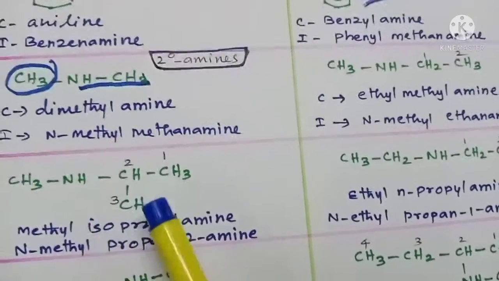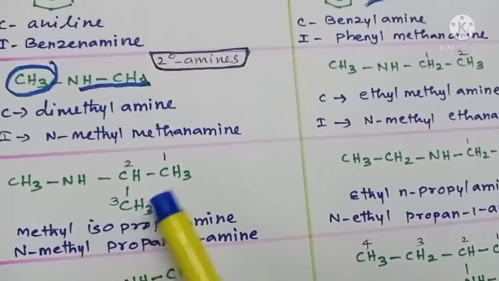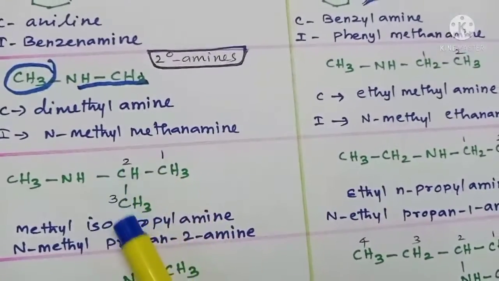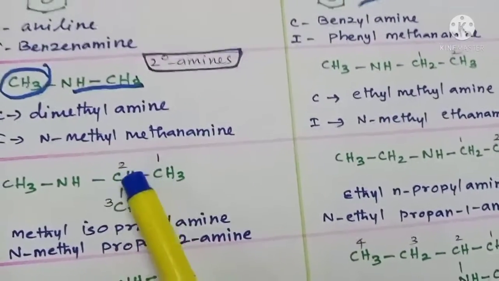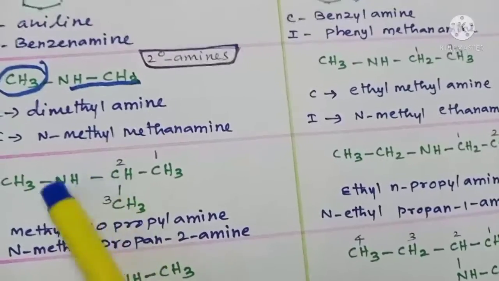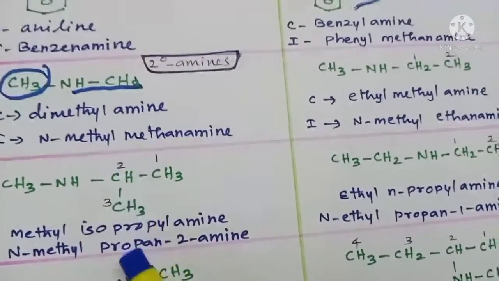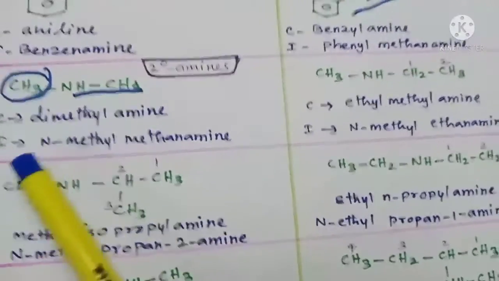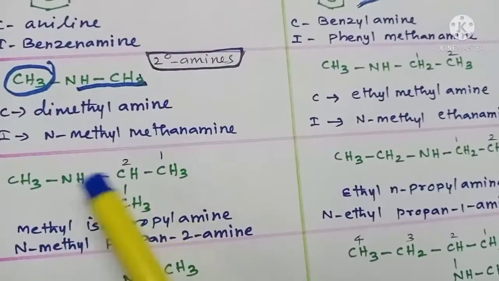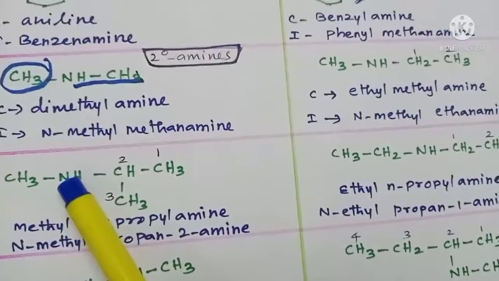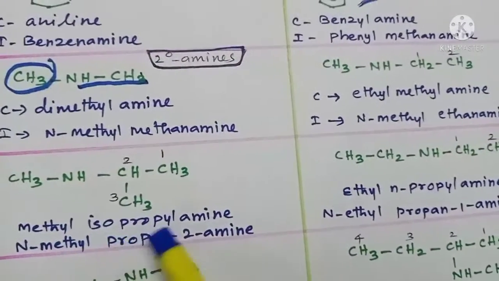Whereas in the IUPAC system, the longest carbon chain is the 3-carbon derivative, propanamine, with the amino group at the second carbon, so propan-2-amine. Now you can consider the methyl group as a substituent. Methyl propan-2-amine, with the methyl group bonded to nitrogen, so N-methylpropan-2-amine.